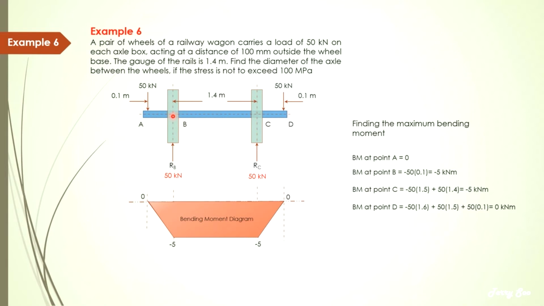Then you have this 50 multiplied by 1.5, which causes the shaft to bend upwards, so it's positive. Then, taking a moment about this point, 50 multiplied by 0.1 gives you a bending upward as well, so it's positive. The net bending moment at point E would be 0. It is always 0 if you consider that the shaft is in a state of equilibrium.